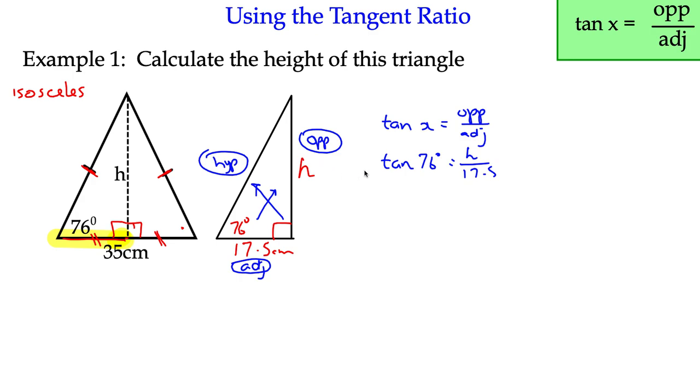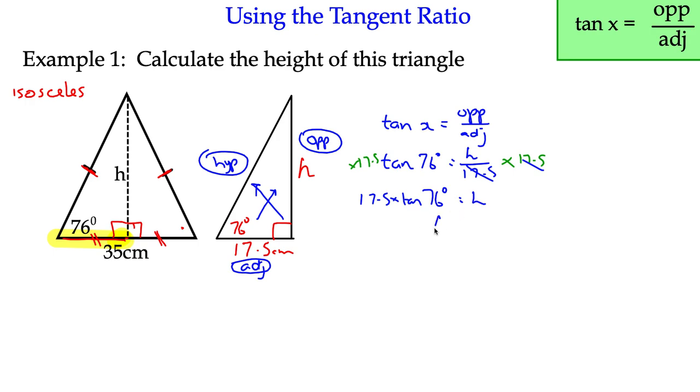We've got to remember all these different strategies that we've learned. What do we do? Well, in this case, we're dividing by 17.5. So to get rid of the fraction, we multiply both sides by 17.5. That gives me 17.5 times tan of 76 equals h, because they cancel out. And that's all I need to do.